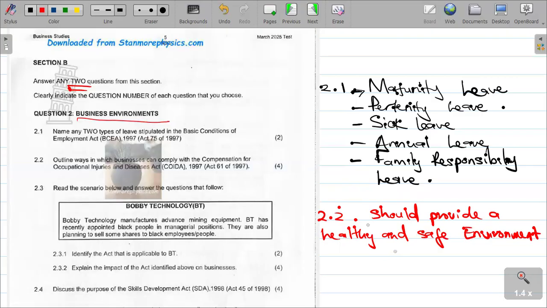And also, the business has to ensure that the equipment and machines are in good working condition.